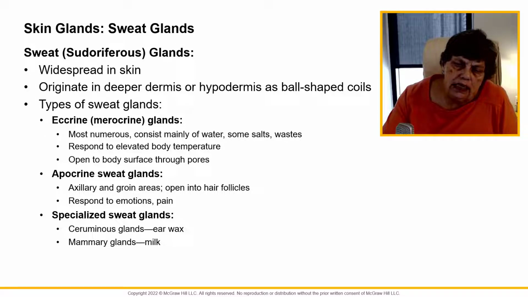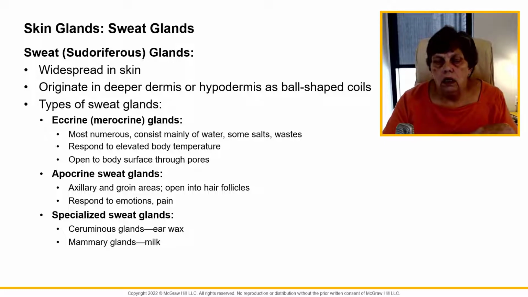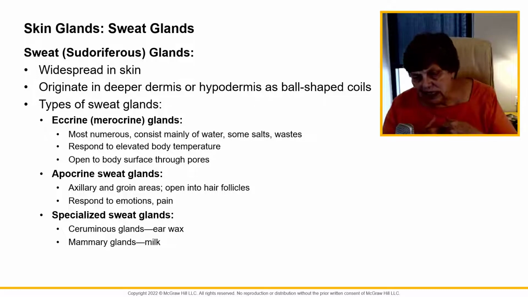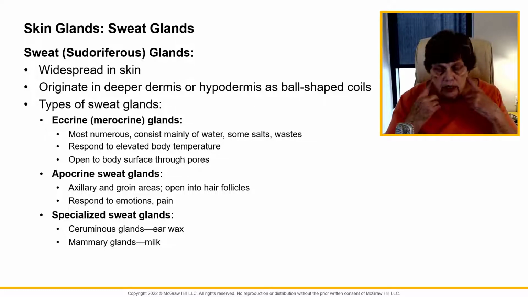The apocrine glands, these are sweat glands also, but these are primarily in the axillary, the armpit area, or the groin. This opens instead into hair follicles, and these respond to emotions and to pain. And then we have a couple of specialized sweat glands, ceruminous glands, that we'll look at a little bit later on when we get to the ear.